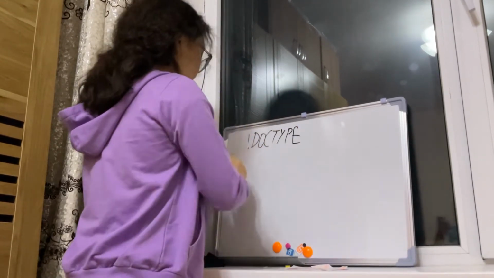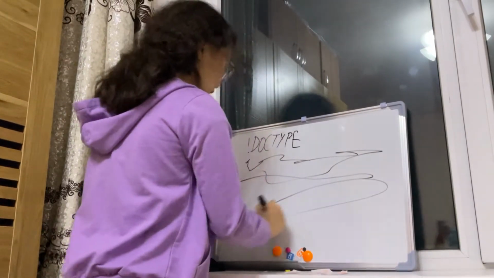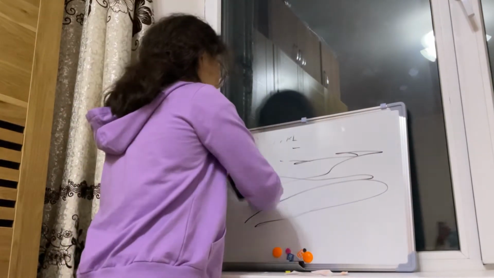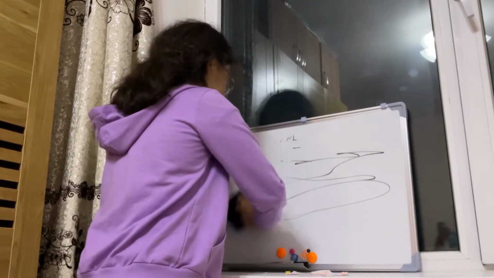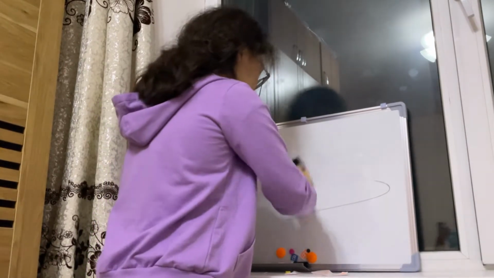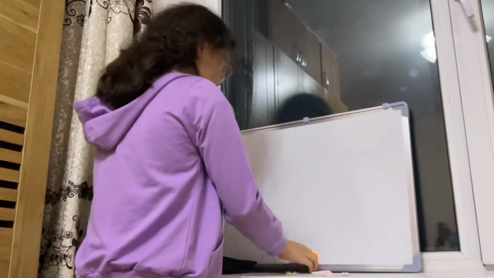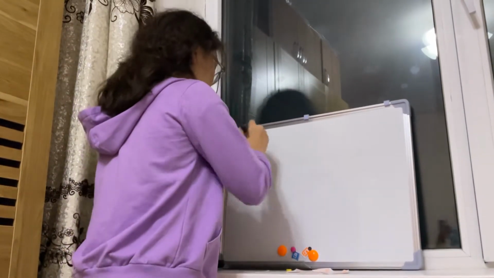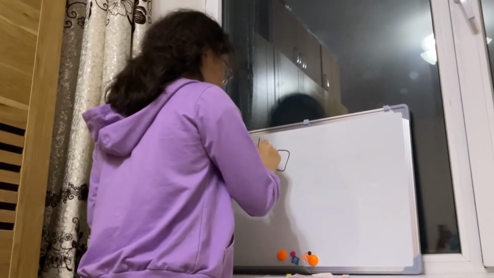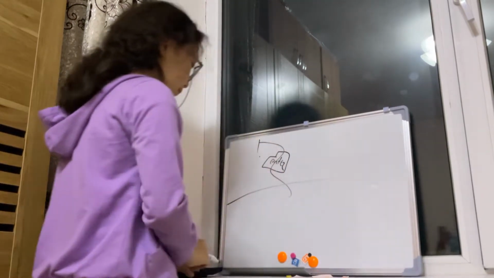Doctype and some stuff written at the bottom of it. It's actually really boring because you have to write it all, but in modern times, especially in Visual Studio Code, you can just press the exclamation mark, write this and hit enter, and it just creates the stuff for you.